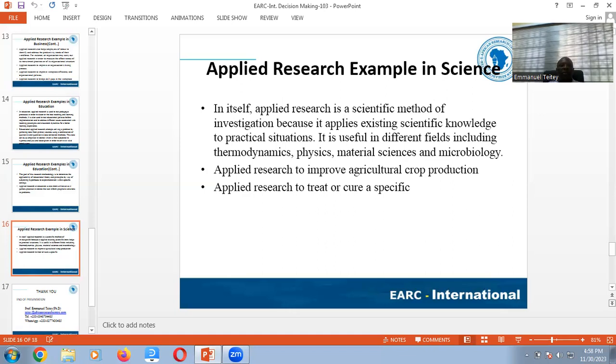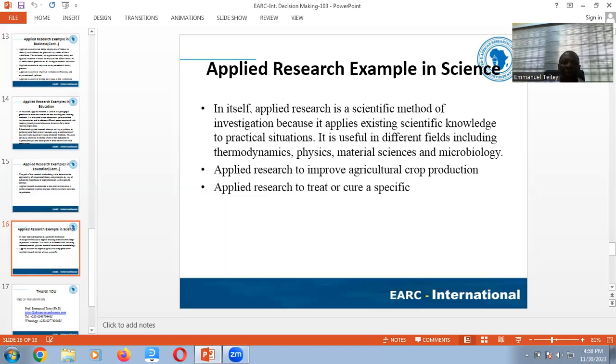So based on the examples we just looked at, applied research aids in so many areas of our decision making, be it education, science, or agriculture. You can use applied research to give practical solutions to the many organizational problems that we have.